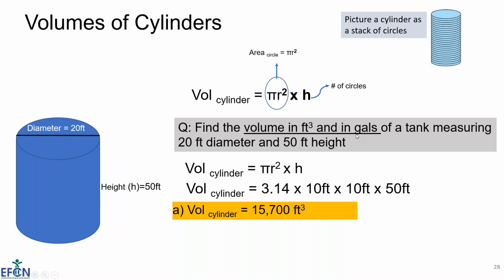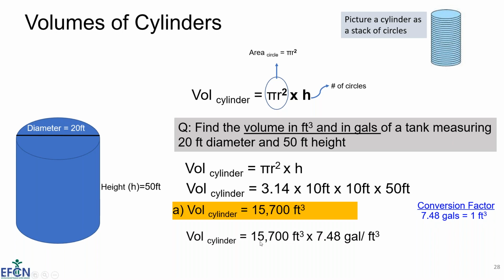You can be sure of getting questions like this on your exam. The conversion factor we are going to use is where 1 cubic foot of water is equivalent to 7.48 gallons. And so when you do that, you want to know that you will always have more gallons than cubic feet.